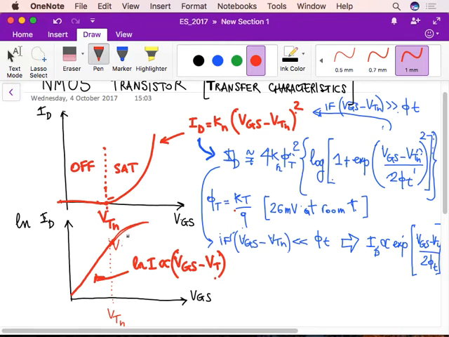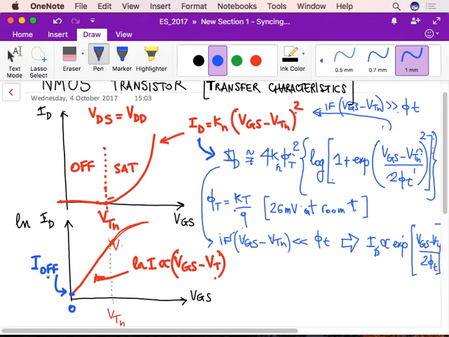Simply because if these transfer characteristics correspond to VDS equal to VDD, then this quantity that we have when VGS is equal to 0 corresponds to something that we call off current, I off, by definition.